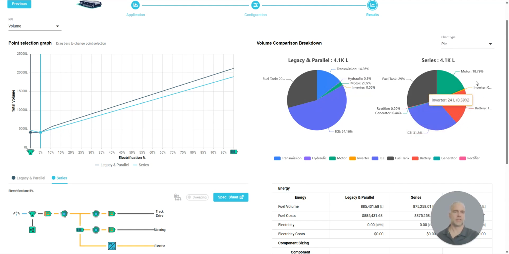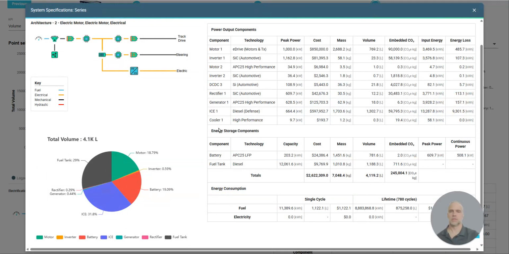Even though these are very different powertrains with different efficiencies at different component levels, you can see the resolution of the breakdown from applying these technologies uniformly to each powertrain. You can see this is the solution that we're probably going to submit in the request for powertrain proposal, and we have the data to back it up.